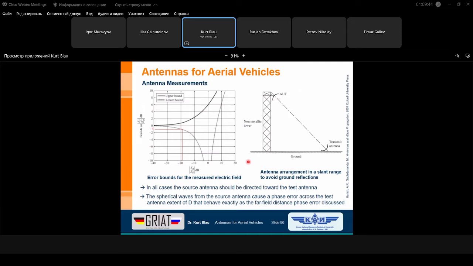Such an antenna with a large diameter or a large aperture is given here by the D. If this is large enough, then we have the problem with the phase error, or in other words, this measurement distance limits this large D, the diameter of the aperture, the diameter of the dish, or the extension of the antenna between the largest metallic points away from each other.